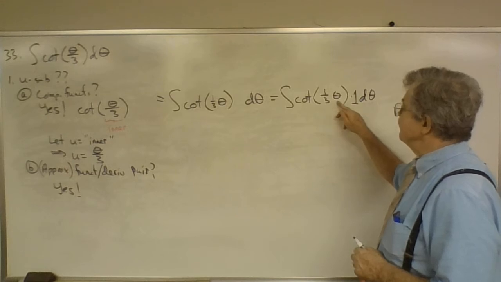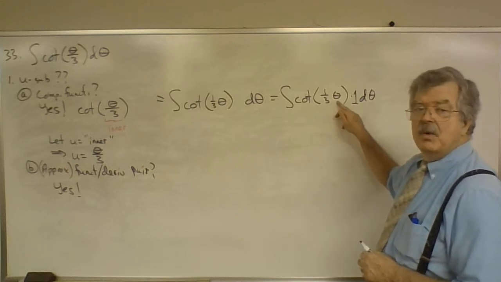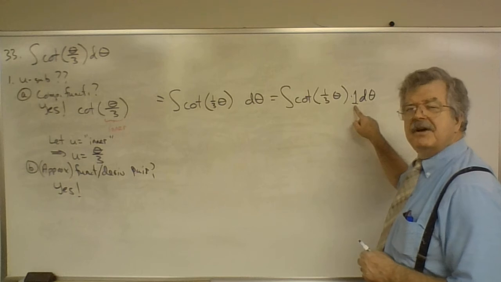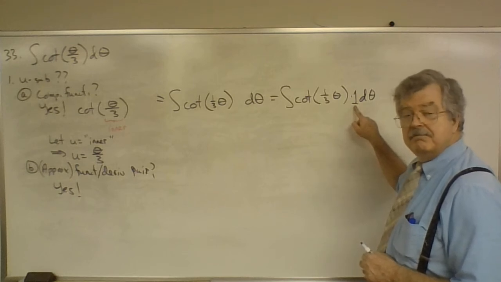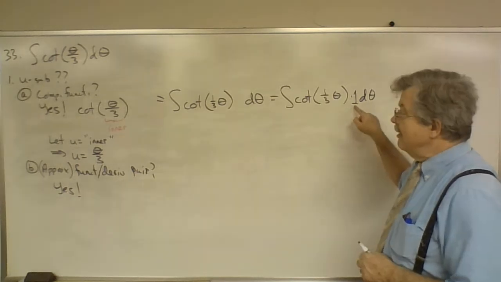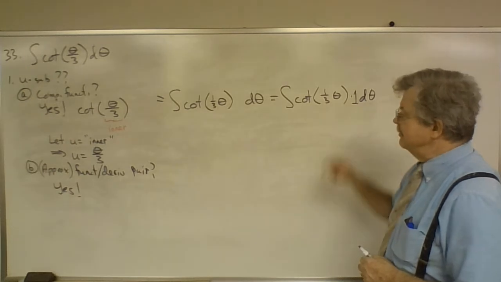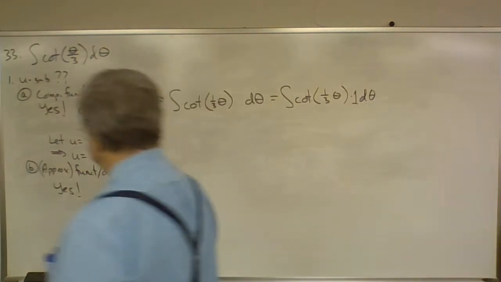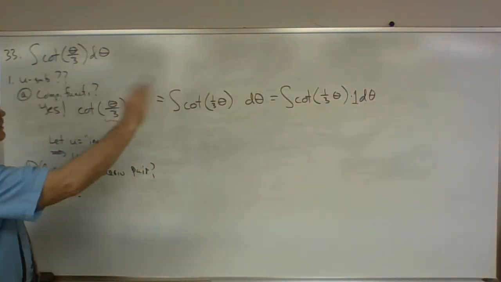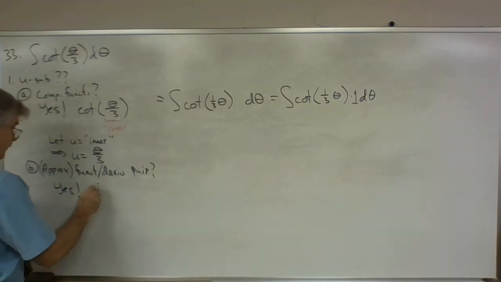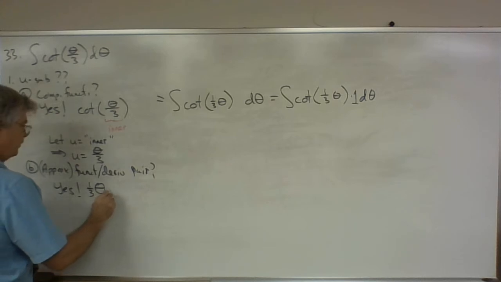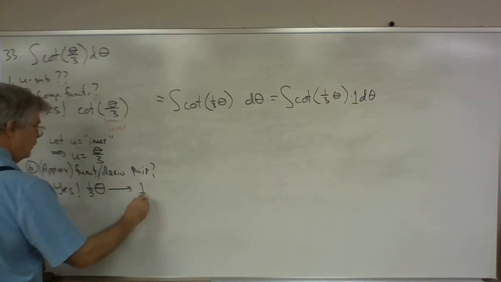1/3 theta, its derivative is 1/3. This is a constant multiple of the derivative of this function. So, yep, we're not going to be fooled by that again. So 1/3 theta and 1.